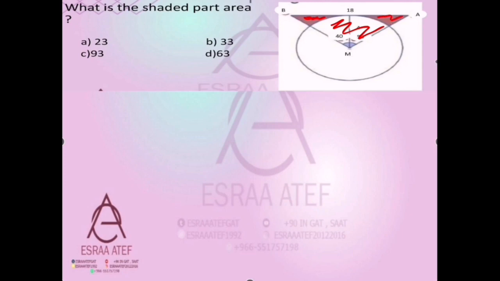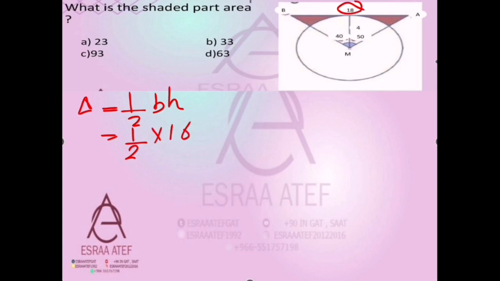So the area of the triangle equals half base times height, which is half times the base, here 18, times the height, which is 4. We divide 4 by 2, which is 2. 2 times 18 equals 36. So the area of the triangle is 36.